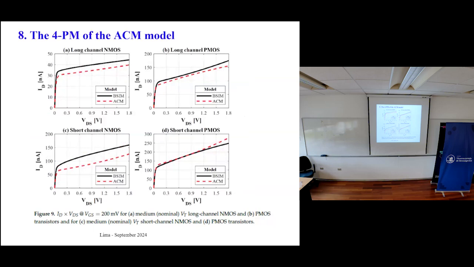I'd say that the most important characteristic here is the slope of the curve. This is for the long channel device. For the short channel device, you have a huge difference here, not in the absolute values, but in the slope.